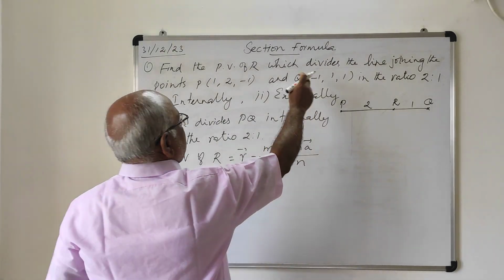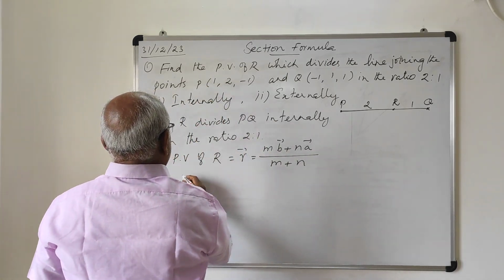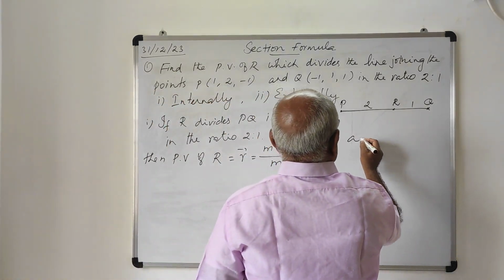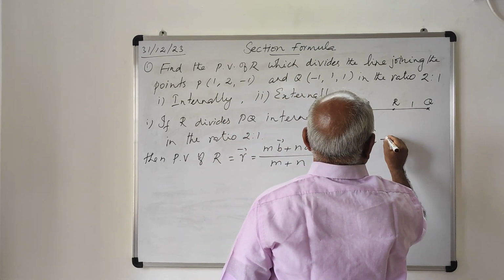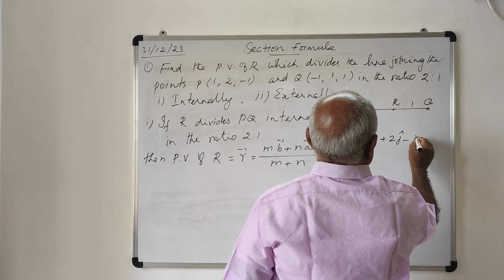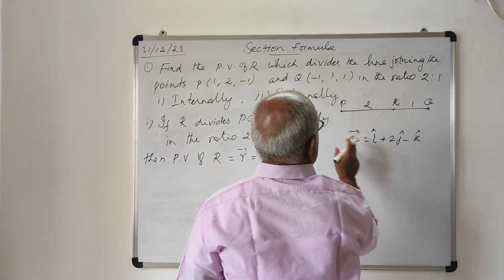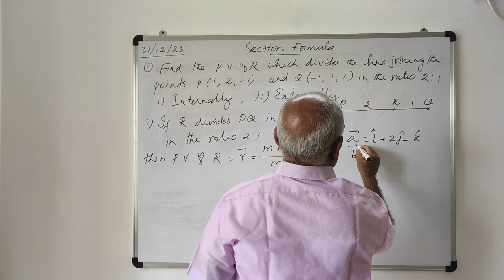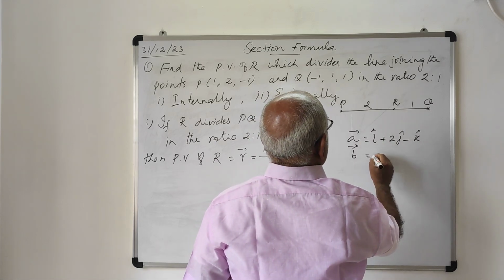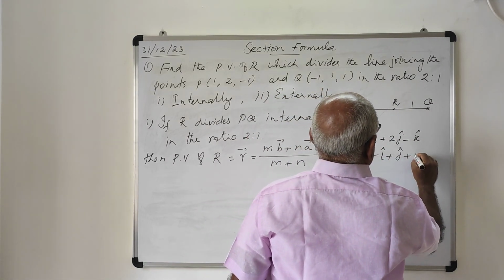A vector is the position vector of the point P. What is A vector? The position vector of the point P is A vector, that is i plus 2j minus k, and the position vector of the point Q is B, that is minus i plus j plus k.